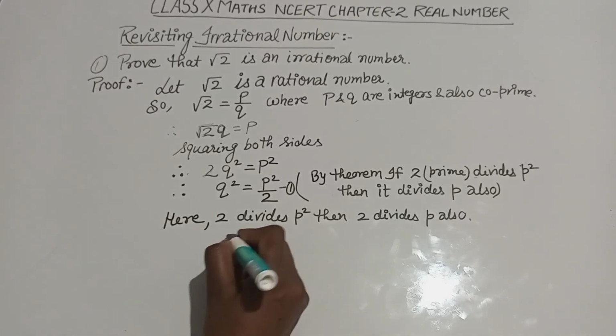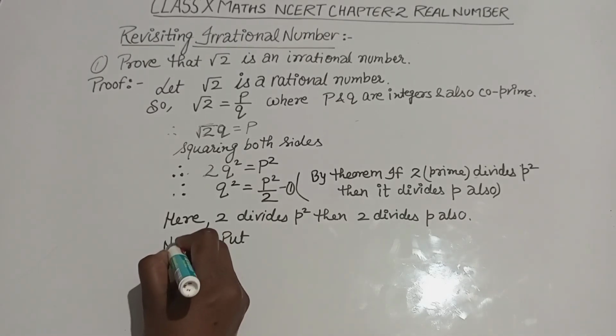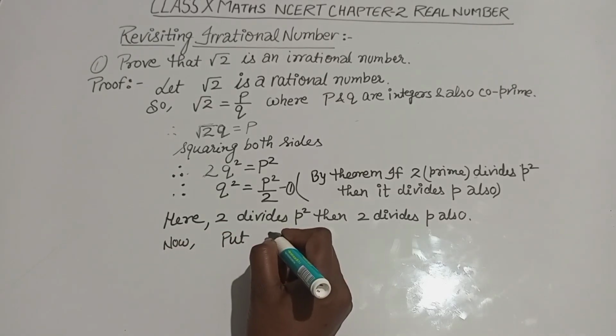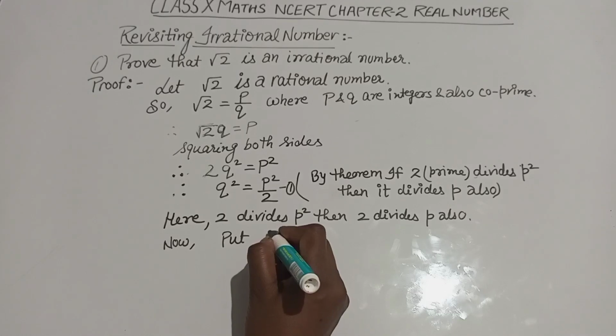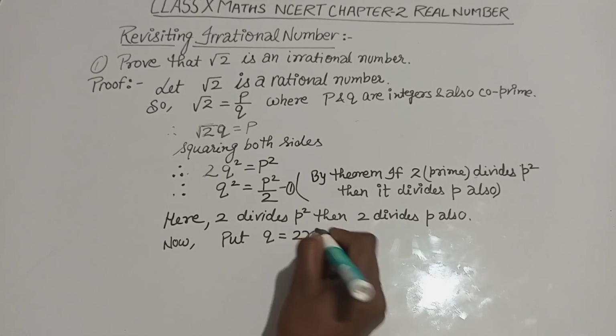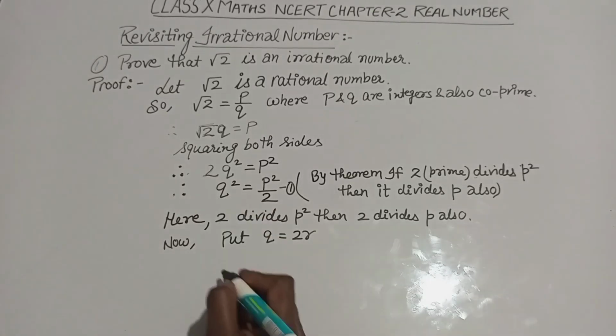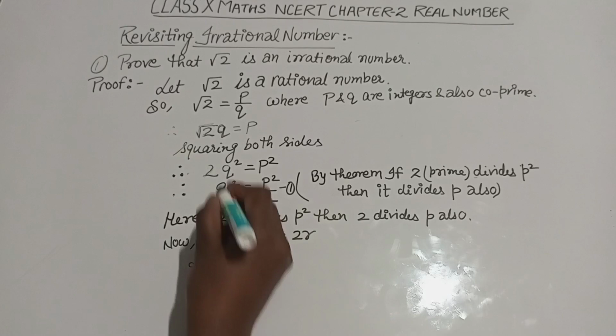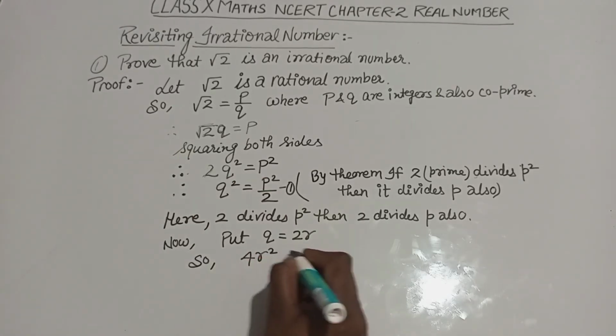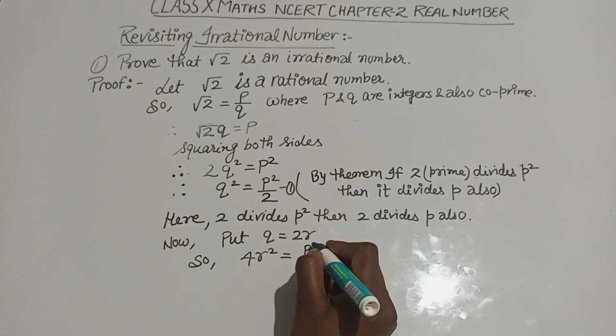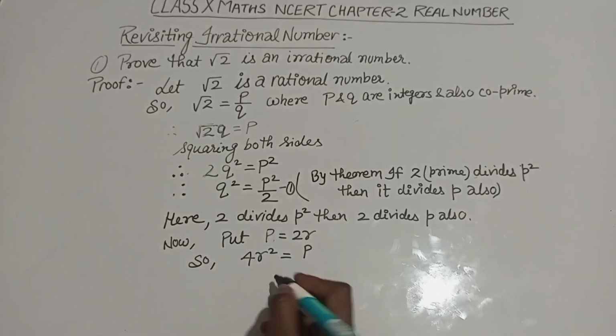Now put q is equal to 2r. So q square becomes 4r square is equal to p square upon 2.